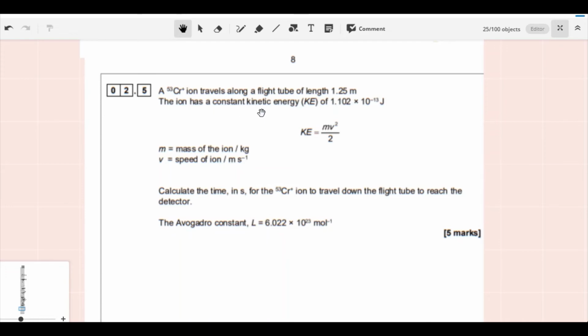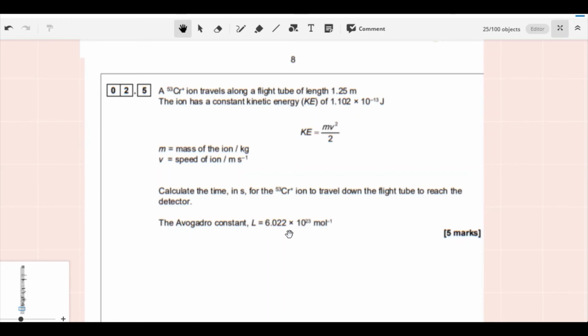The ion has a constant kinetic energy, and the formula is also given: kinetic energy equals mv squared divided by 2, or half mv squared, where m is the mass of the ion in kg and v is the speed of the ion in meters per second. Calculate the time in seconds for the chromium 53 ion to travel down the flight tube to reach the detector. The Avogadro constant is also given.